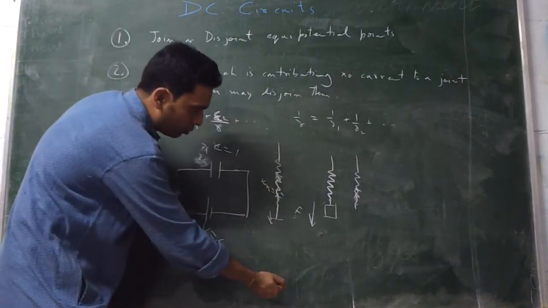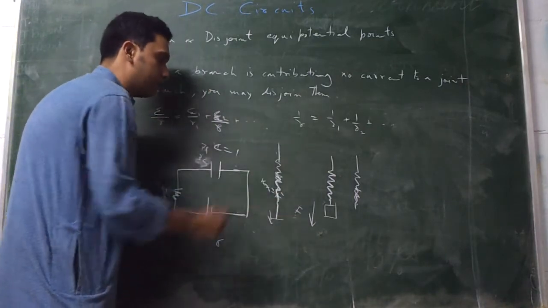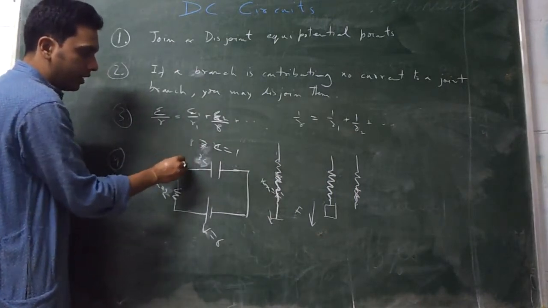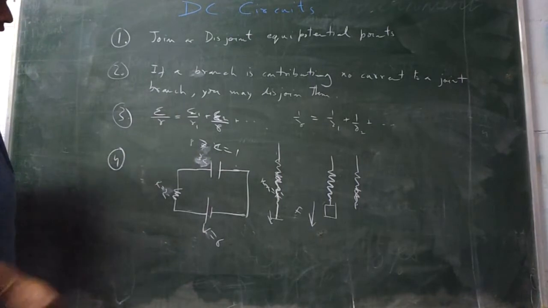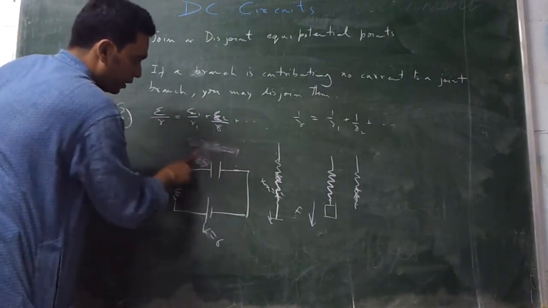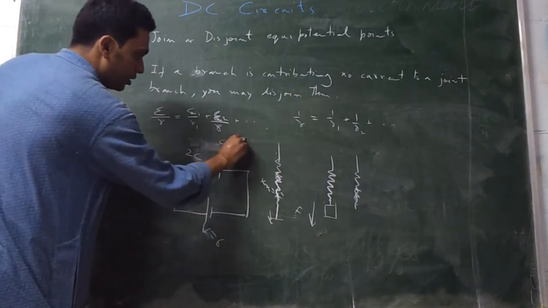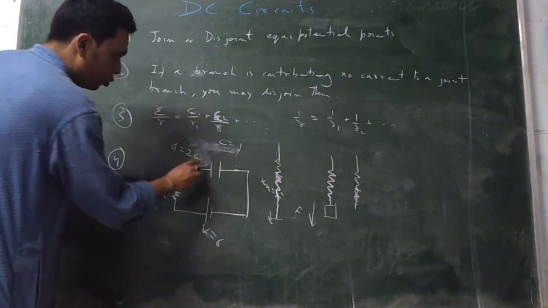If you stretch the spring more, it will go back and settle at 6. Hence, whether you put 7, 8, 10 or 6 coulomb charge, it is going to settle at 6. So meaning to say, if you put 2 coulomb charge on this initially, capacitance is 1, charge is 2 coulombs.